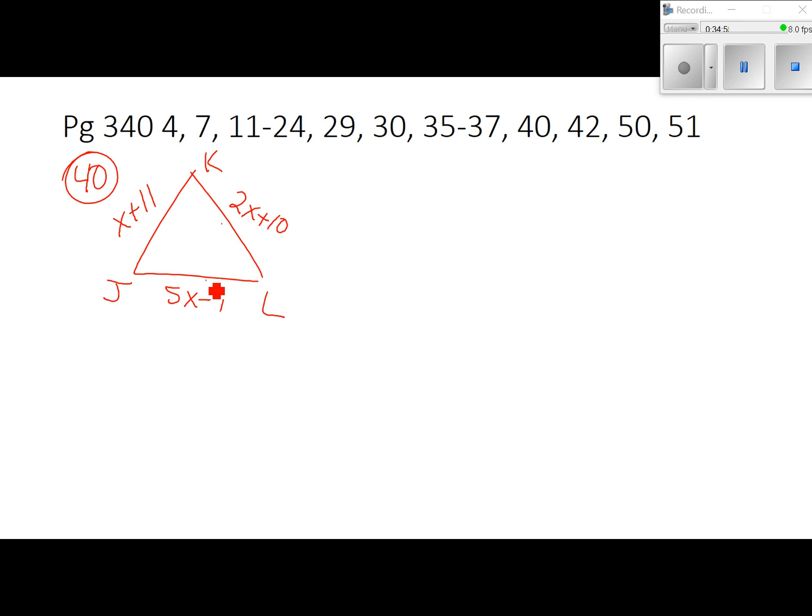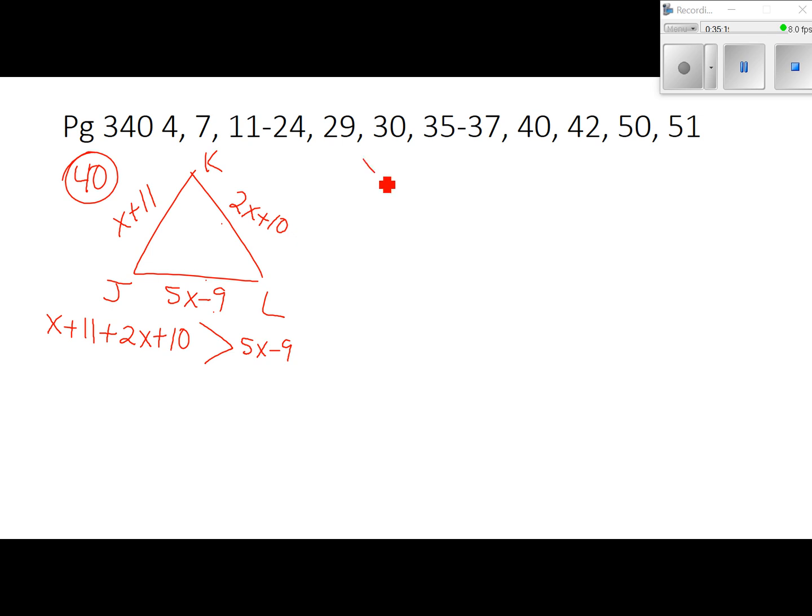But what we can do, we have our theorem that we talked about last time that says any two sides must add up to be more than the third side. So the first thing I'm going to add up, I'm going to say x plus 11 plus 2x plus 10 has to be greater than the third side, which is 5x minus 9. And we'll solve that here in a second.